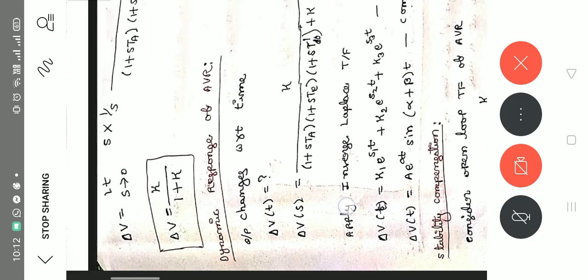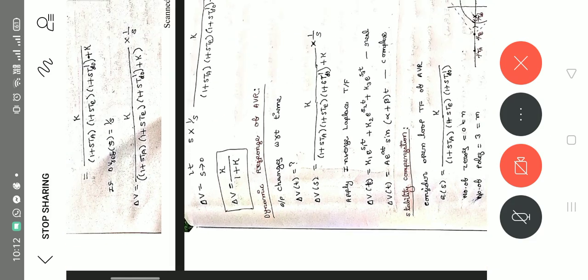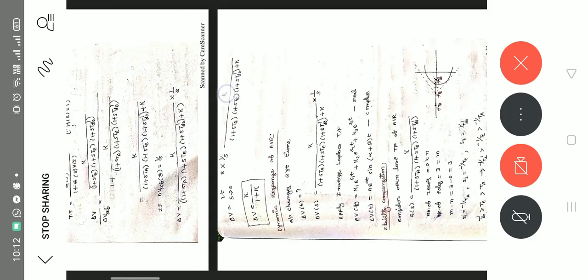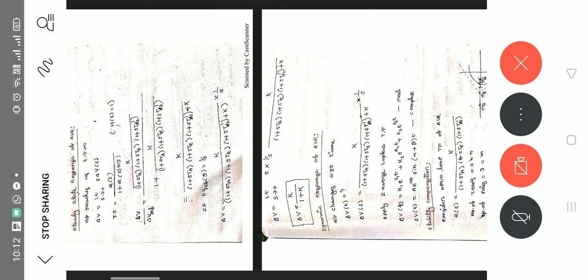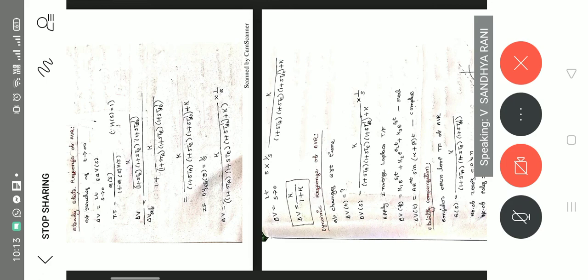Any doubts? Any doubts, ma'am? Are you clear? This AVR model is very, very important.